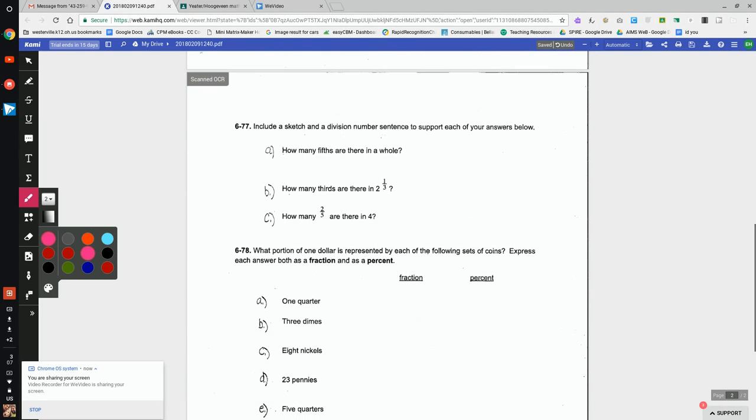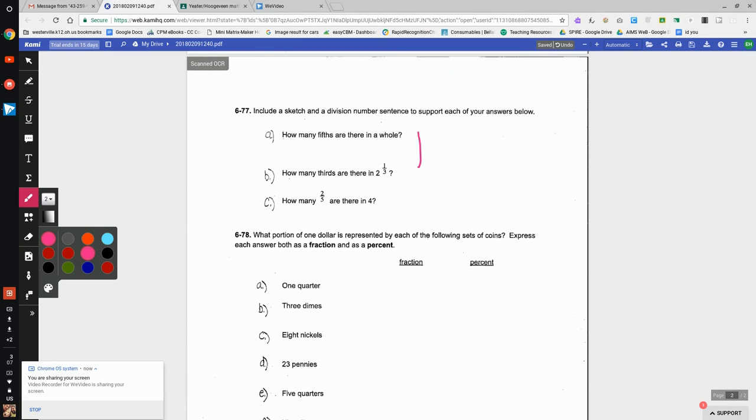Going to the back, make sure you include your sketches. So we have how many fifths are in a whole. If this rectangle represents my whole and I'm broken up into fifths, I can circle 1, 2, 3, 4, and 5. So that is 5/5 in one whole.